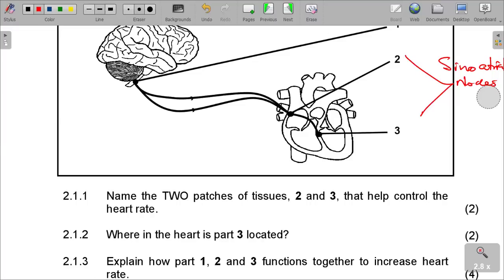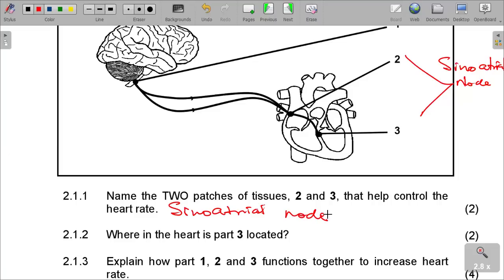Node. That's what we call 2 and 3 that help control the heart rate. Let me just write it here for everyone not to get lost. Sinoatrial node. These are the two patches of tissue that help control the heart rate.